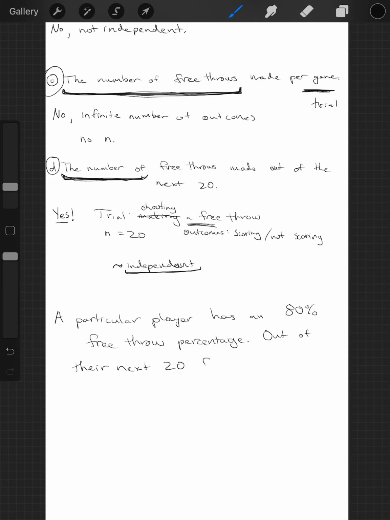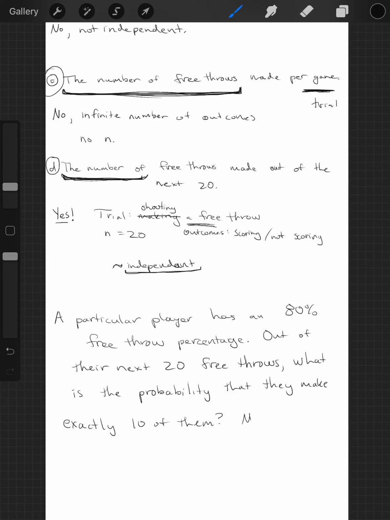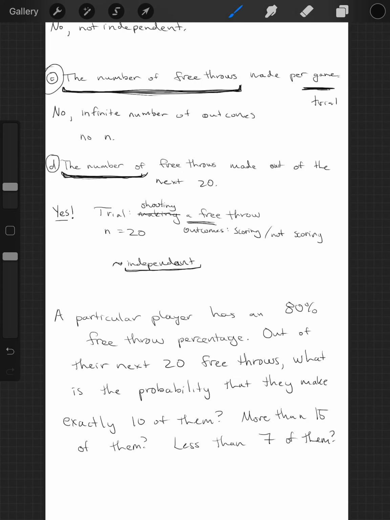Out of their next 20 free throws, what is the probability that they make exactly 10 of them, more than 15 of them, less than 7 of them.